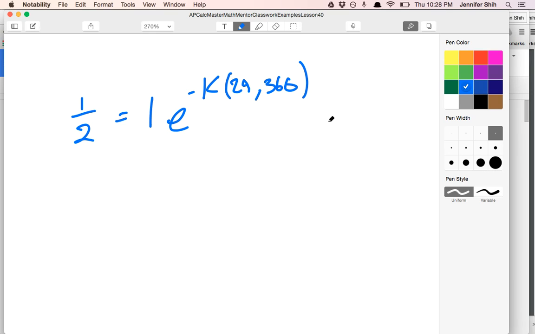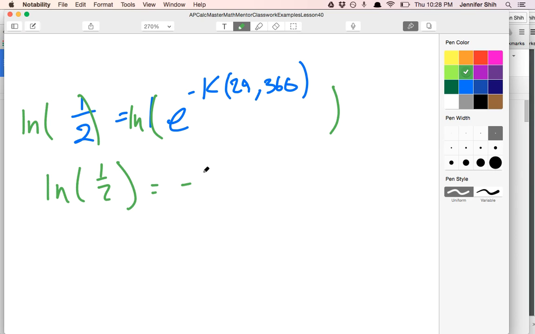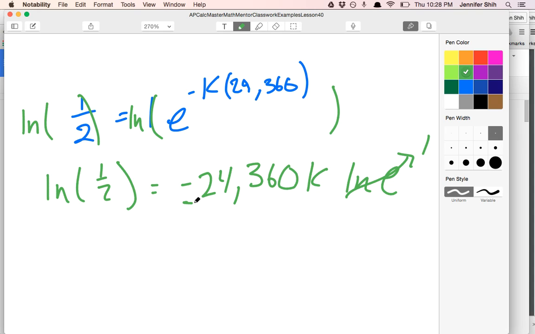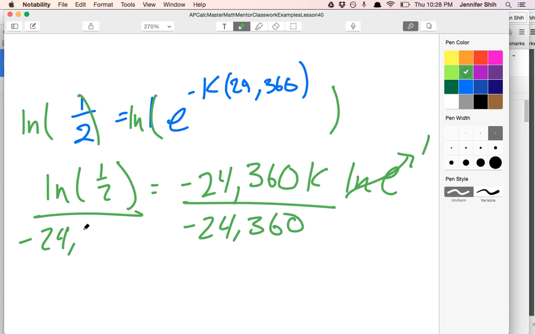At this point, I can take the ln of both sides, and I get ln of 1/2 is equal to negative 24,360k ln of e. That's going to go to 1. Then we divide both sides by negative 24,360.